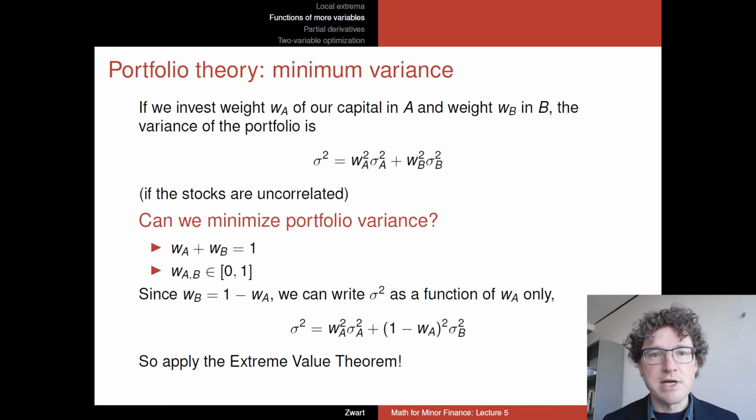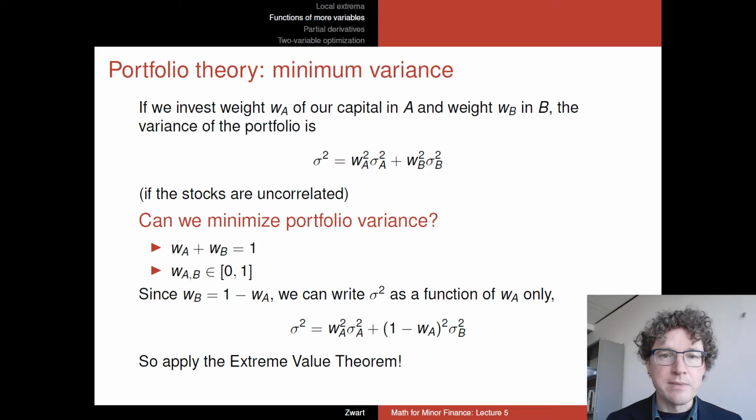So you can actually translate this into a math question. If you invest WA in stock A and the remainder WB in stock B, then of course we can compute what the variance of that portfolio is.